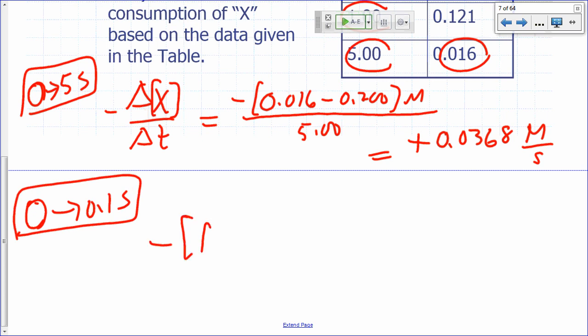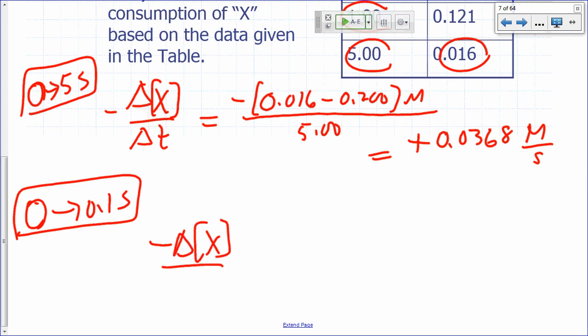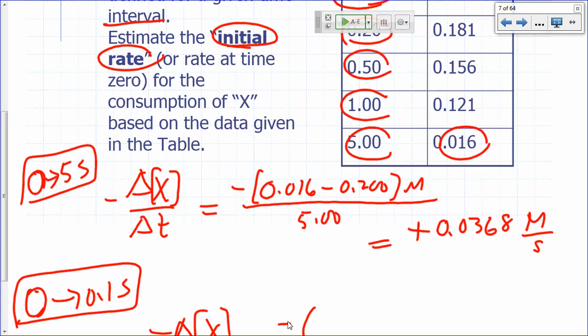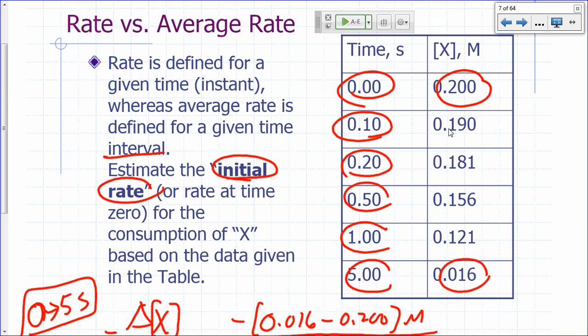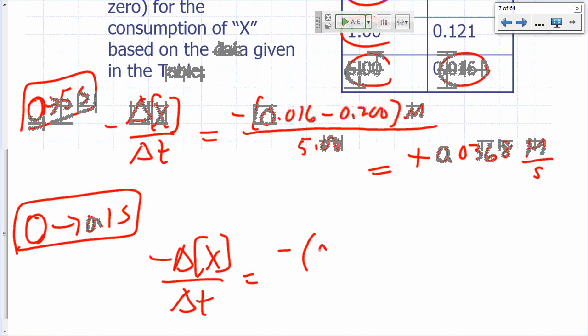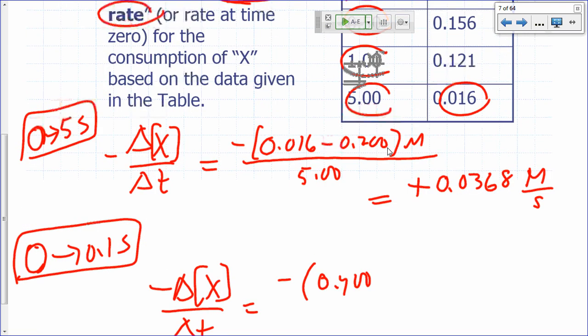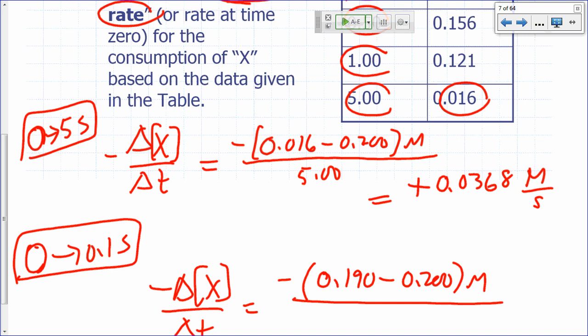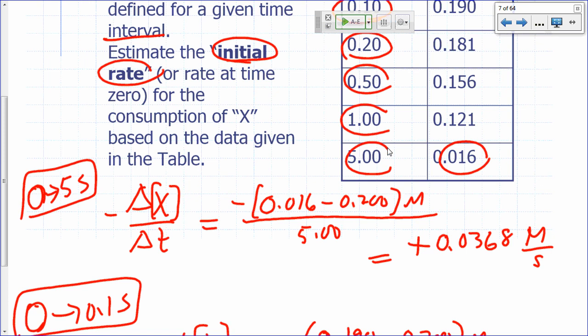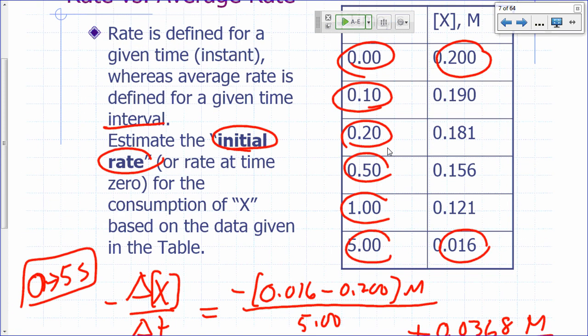The average rate is minus delta concentration of X over delta T. Okay, from 0 to 0.1 seconds, it's going to be minus 0.19 minus 0.2, right? 0.19 minus 0.2 moles per liter. So over 0.1 seconds, these two numbers right here.